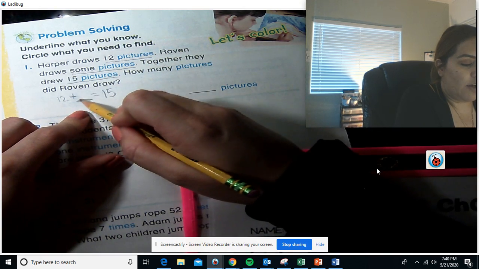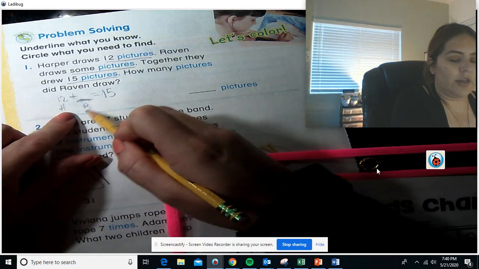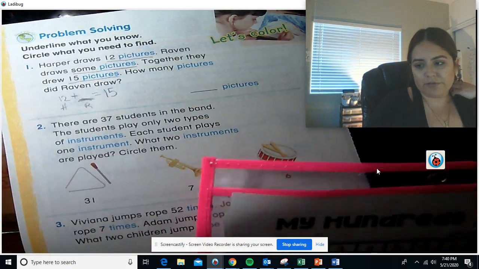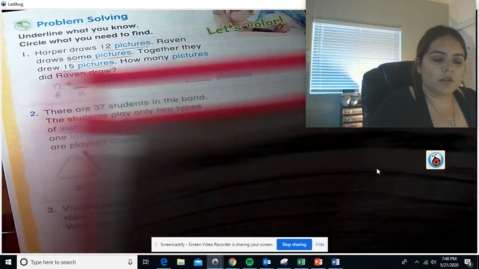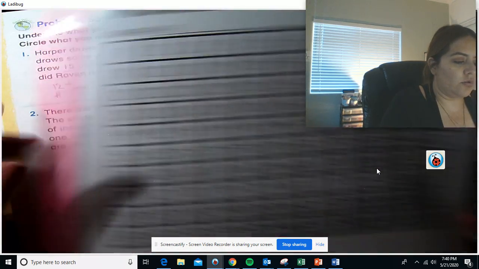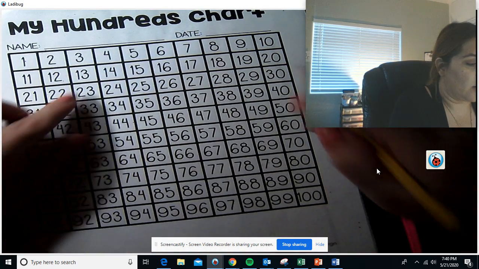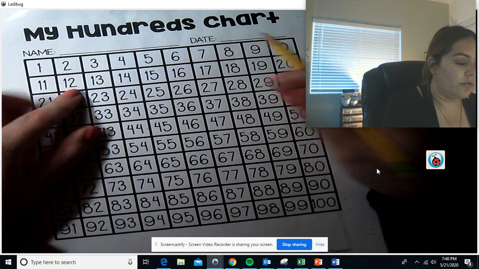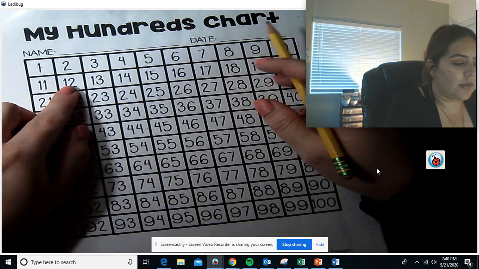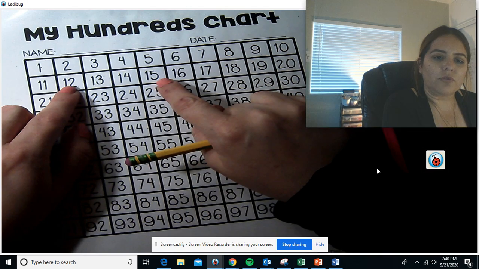So Harper drew 12, so we're going to find 12. And together they drew 15.